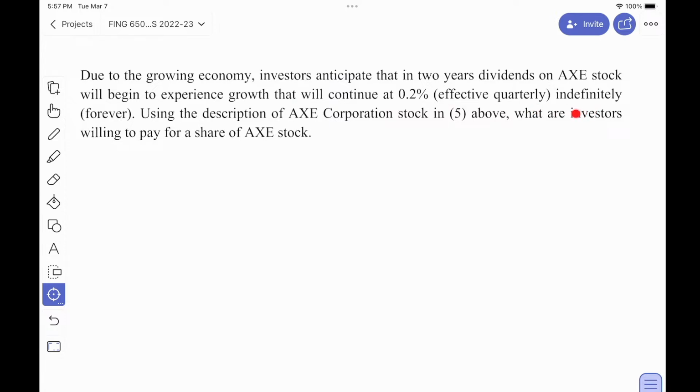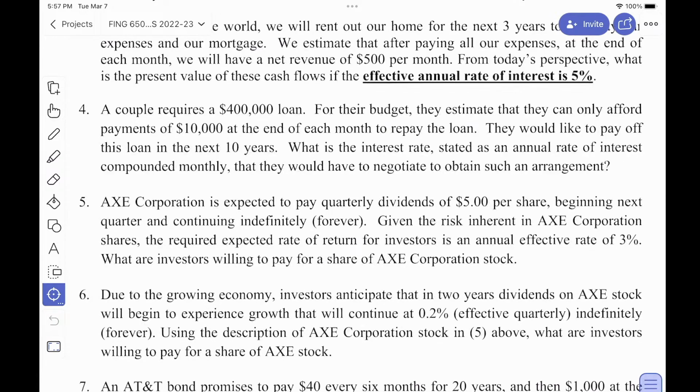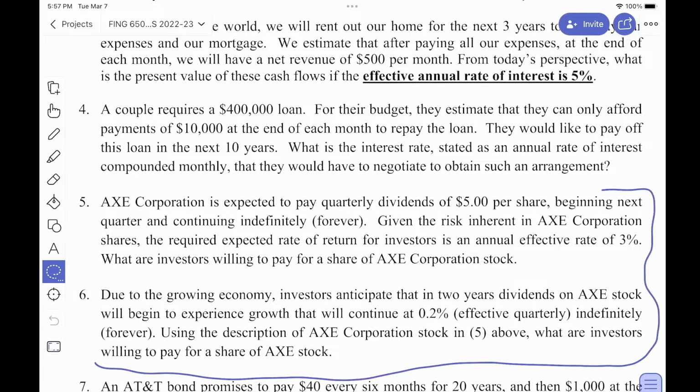So this corporation is assumed to be immortal. It's going to live forever. Oh, we're supposed to use the information from 5, so I better get that too. Let me get all this information.